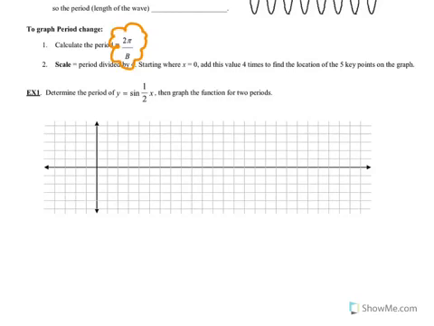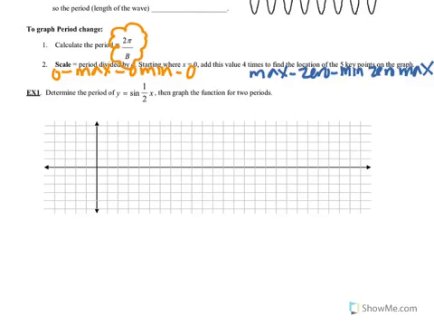Our scale is going to be either using the 0, max, 0, min, 0 for the sine, or our max, 0, min, 0, max for the cosine. So remember we talked about those 5 number summaries? That's what we're going to be using for our scale.